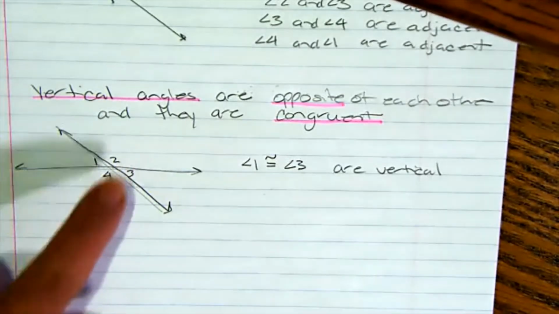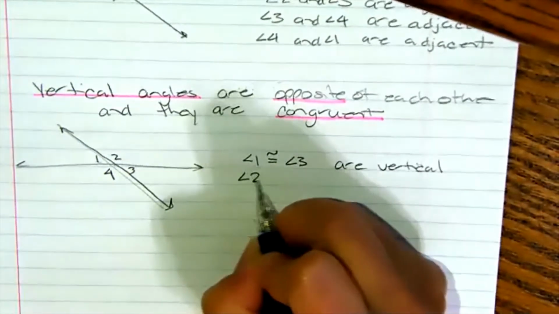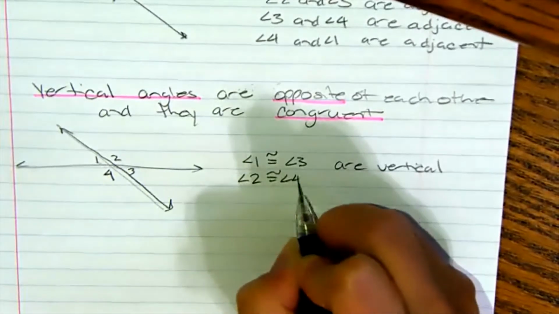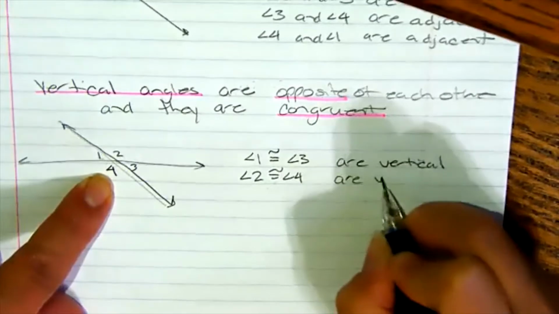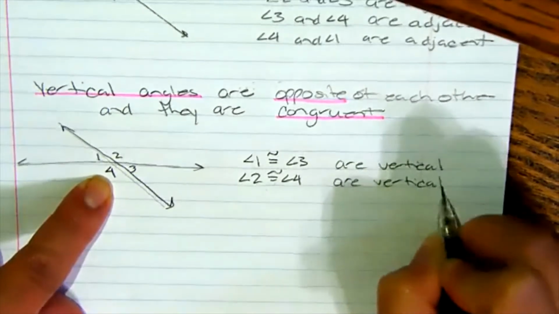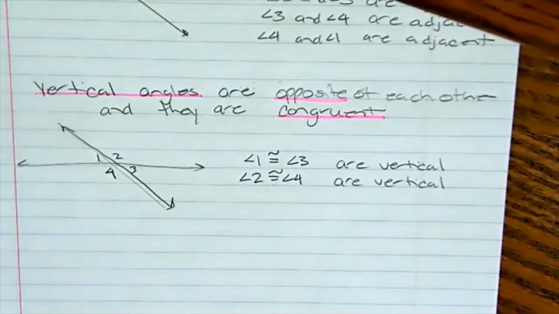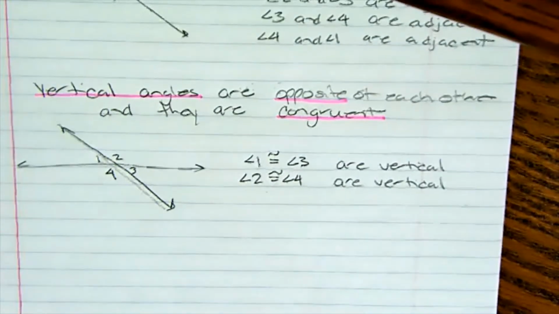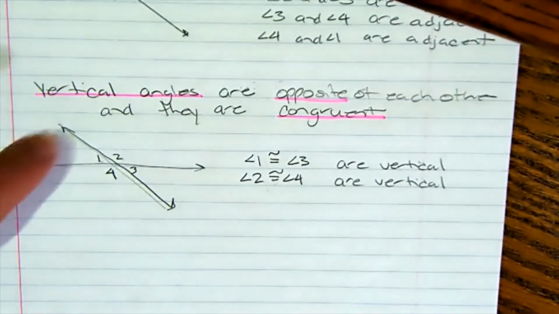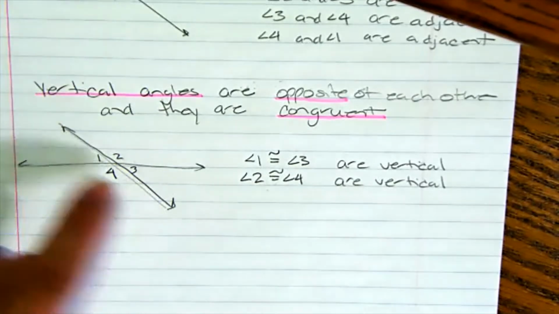And then angles 2 and 4 are the same. Angle 2 is congruent to angle 4 because they are vertical angles. They're opposite of each other. So adjacent means next to, vertical means opposite of each other.